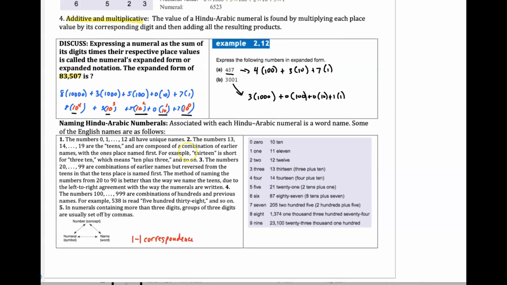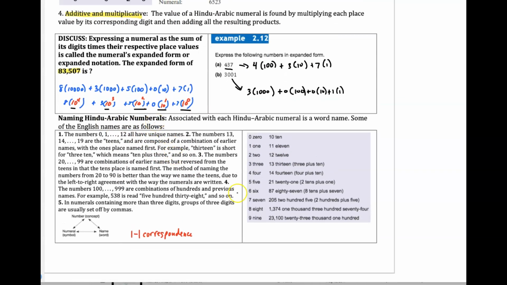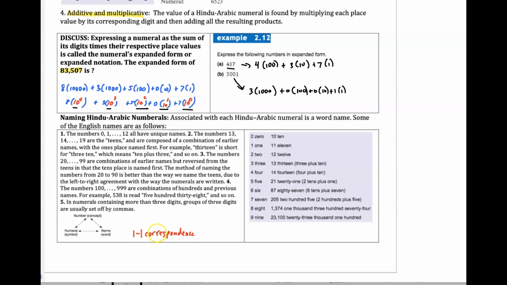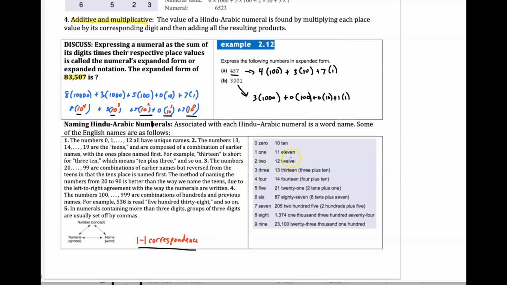Another thing that we're going to learn is that each of these numerals, or numbers, has a name or word associated with it. There's a one-to-one correspondence, where you're looking at the word zero means this symbol, eleven means this symbol, twenty-one means this symbol, 2 10s plus 1.